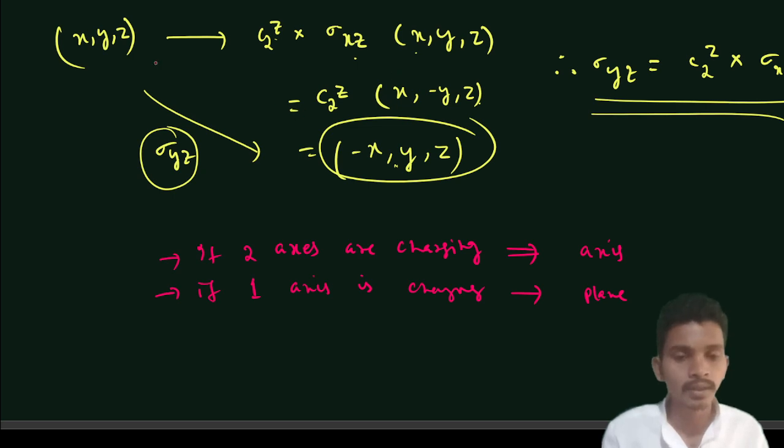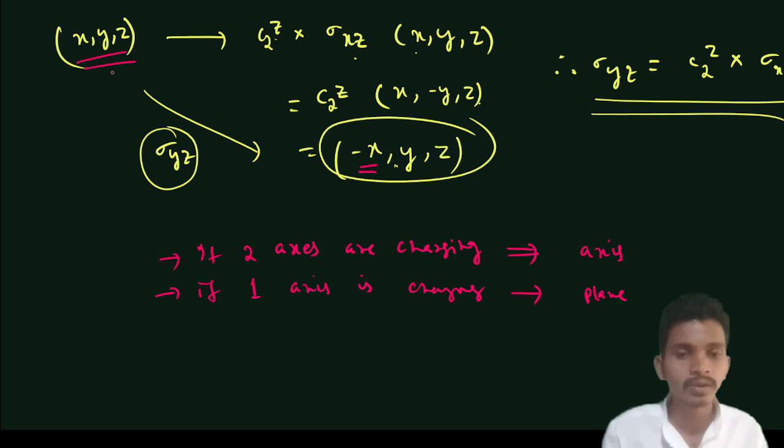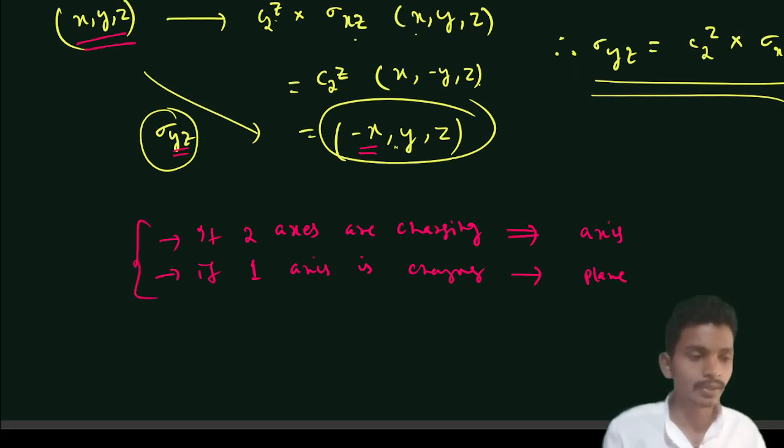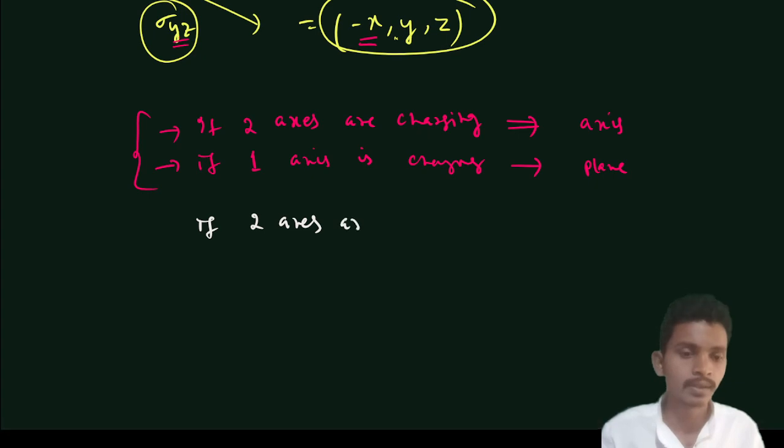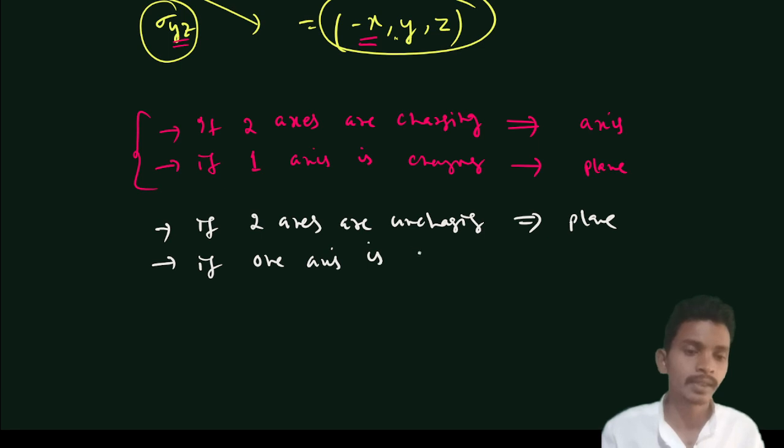So here you see that only one is changing, so two remain unchanged. So I will look for a plane. Okay, because a plane contains two axes and those will remain unchanged. So you can also say that if two axes are unchanging, then we will look for a plane, and if one axis is unchanging, we look for an axis.